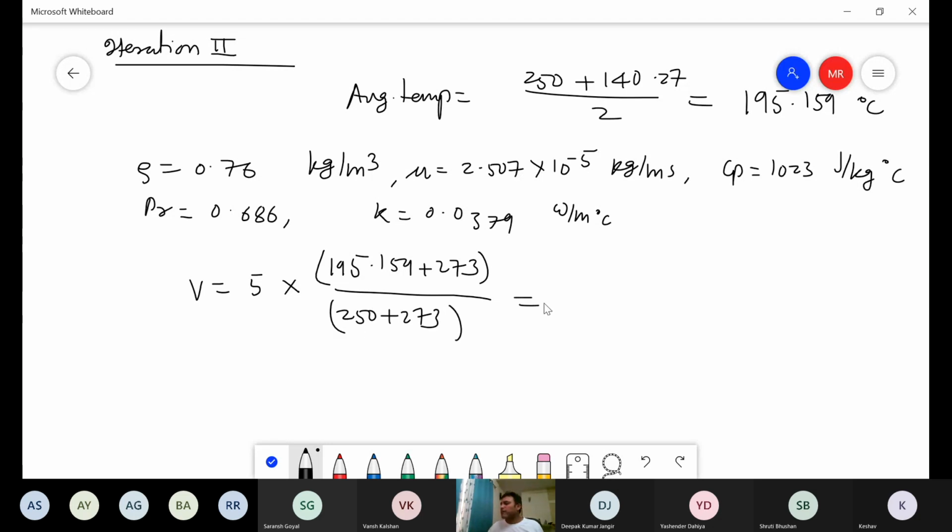This is directly coming from the ideal gas. This is the new velocity that I am directly calculating from the ideal gas. Let me work it out here so that you all will be able to understand.